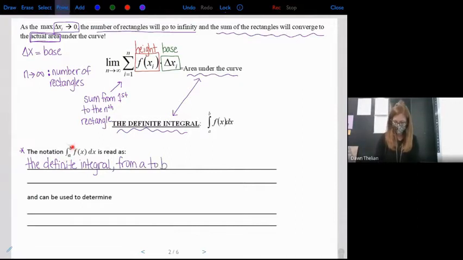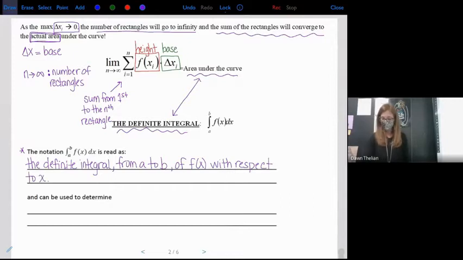Then we say of f of x with respect to x. Of whatever f of x is, with respect to x. That's the dx part of it. So when we're reading this, it's the definite integral from a to b of f of x with respect to x. That's that dx on the end.